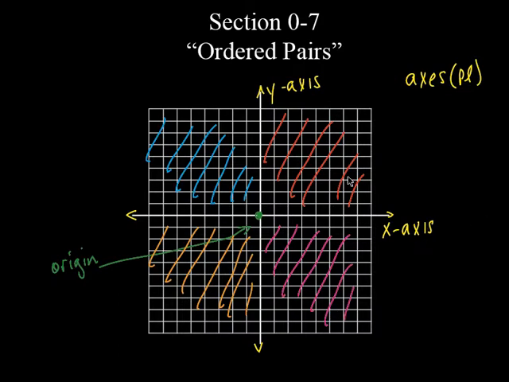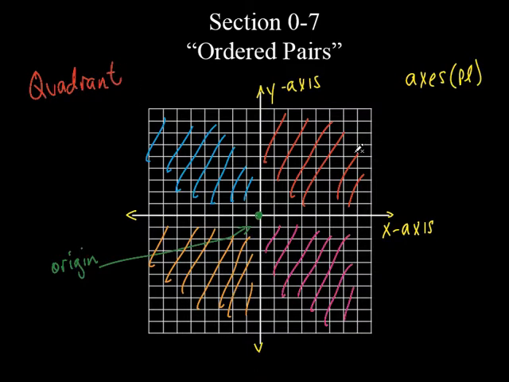Each one of those areas we give a name. This area right here would be a quadrant. There's four of them, quad meaning four, so we have four quadrants.